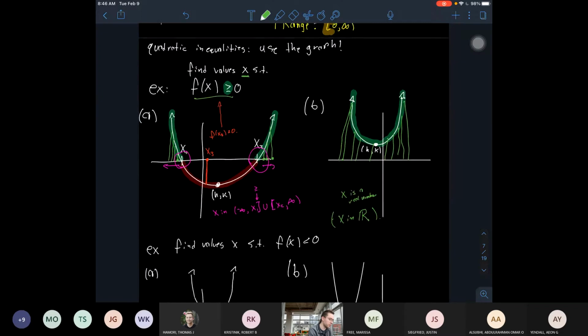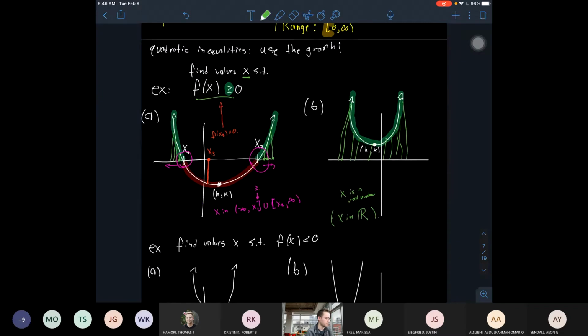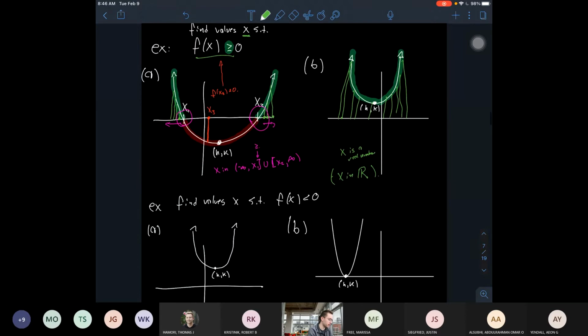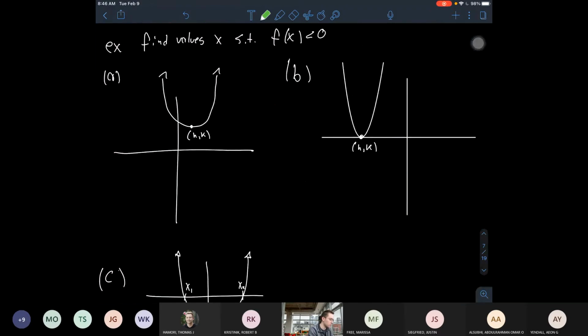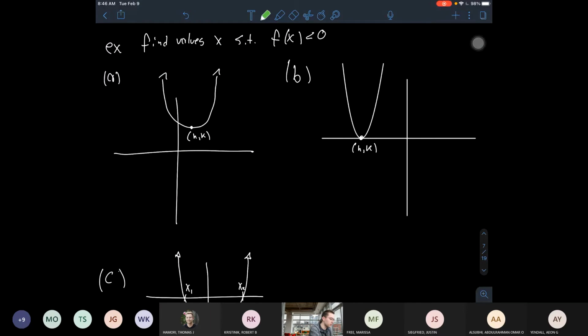So all of those are permissible x values. Okay, let's see a couple more examples. We'll try now one of these ones. Let's try this part A on our own, okay? So we want to find values x such that f of x is less than or equal to 0.